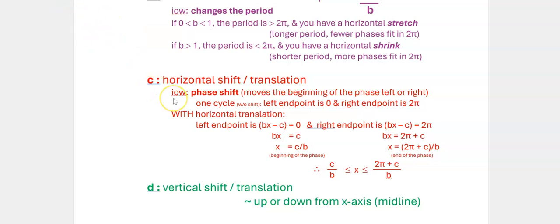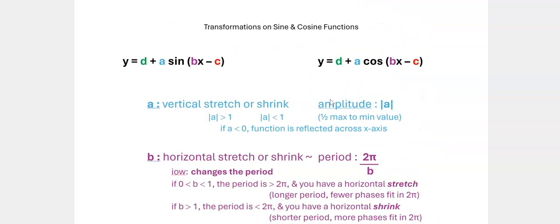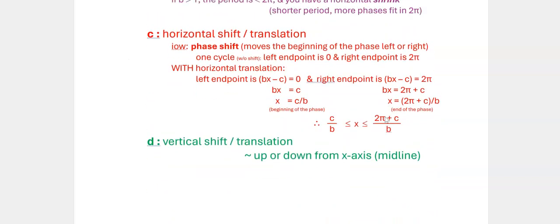The way we figure that out is we say originally my left endpoint is 0, right? But I'm going to take this entire value here, bx minus c, either with sine or cosine, set that equal to 0 and solve for x. So I add c to both sides, and then I divide by b, so x is equal to c divided by b.